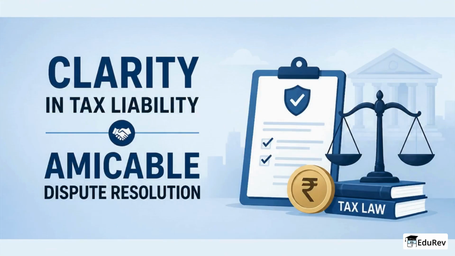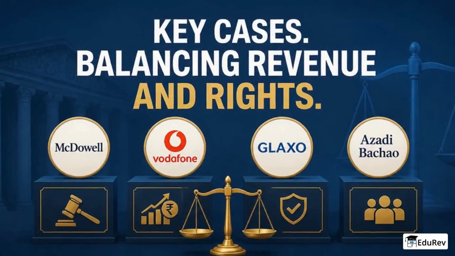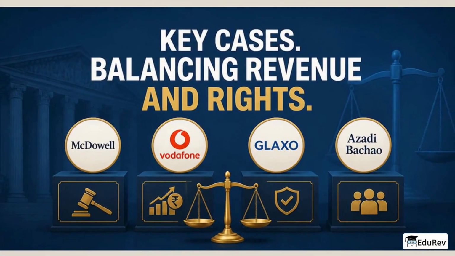Advanced rulings give clarity on tax liability for complex transactions, and settlement commissions can resolve direct tax disputes amicably in certain cases. Landmark cases like McDowell, Vodafone, Glaxo, and Azadi Bachao show how courts balance revenue goals with protecting taxpayer rights in practice today.